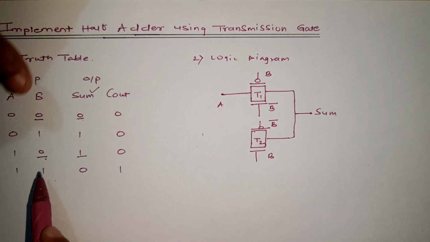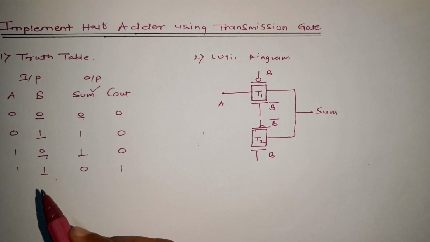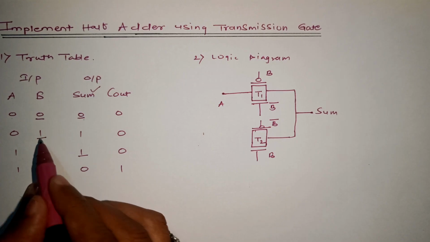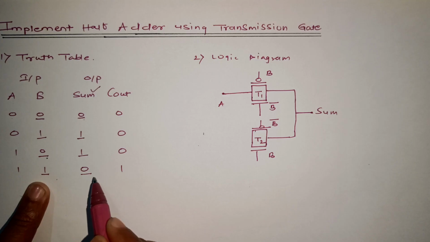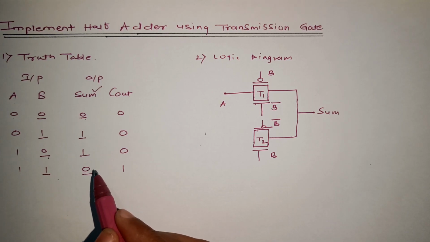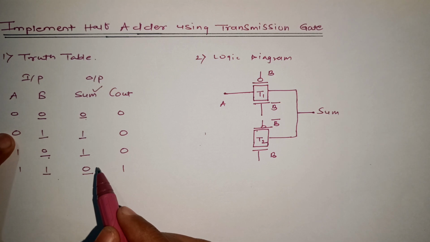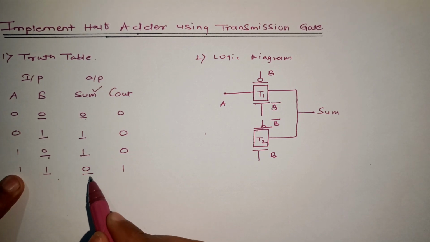Counterpart, when B is equal to 1, we have these two combinations. For this case, when B is 1, our sum is 1, and for this combination sum is 0. So they are different, which means it should depend on A. Here A is 0, we are getting sum 1. Here A is 1, we are getting sum 0.